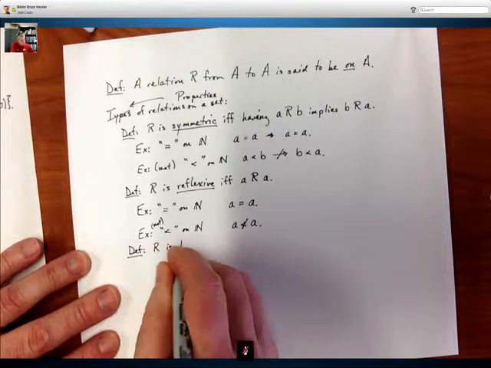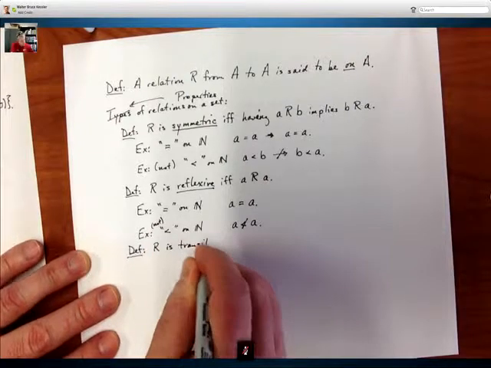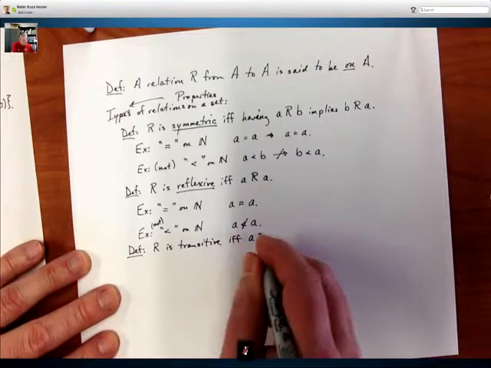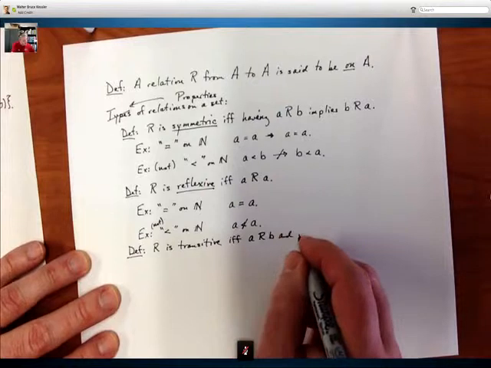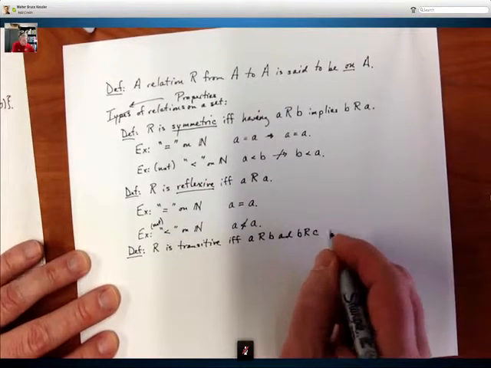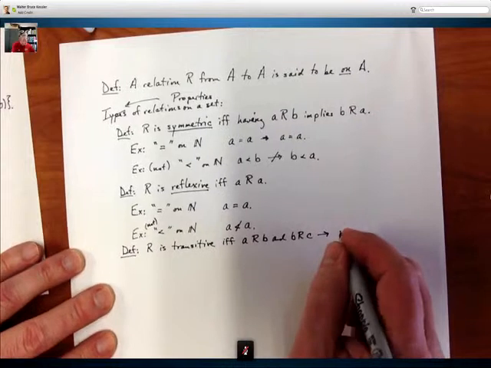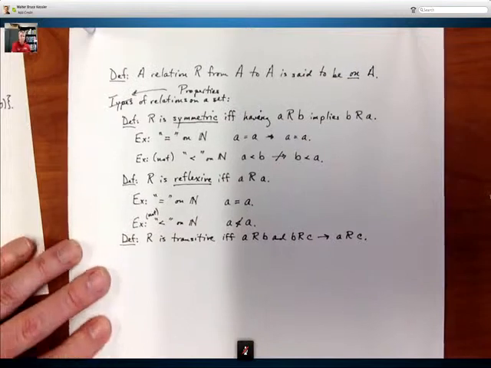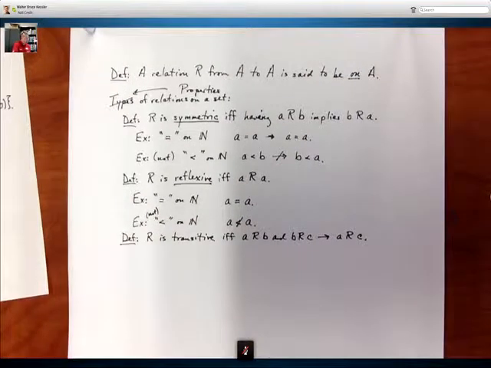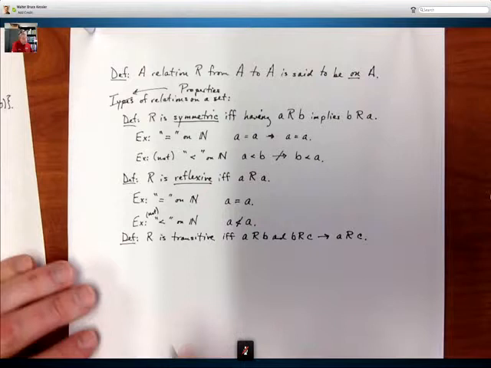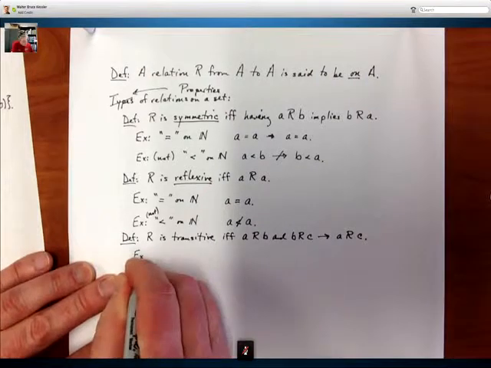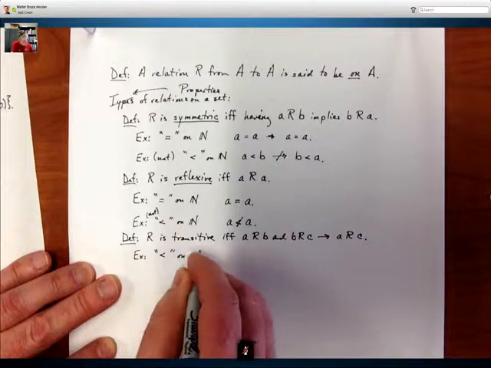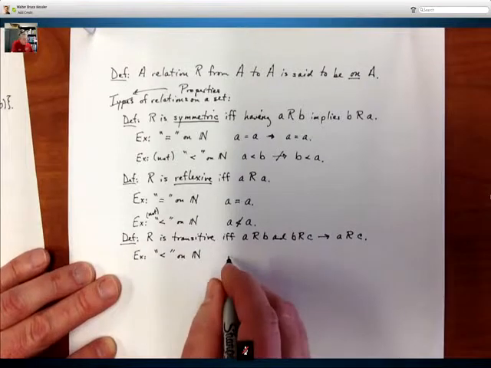We say that R is transitive if and only if having A related to B and B related to C implies that A must be related to C. Okay? For an example, here's a case where I can use less than on the natural numbers.